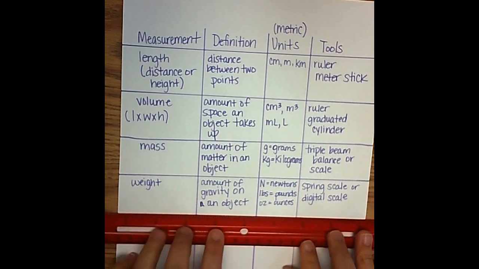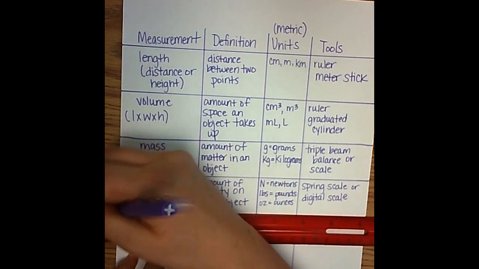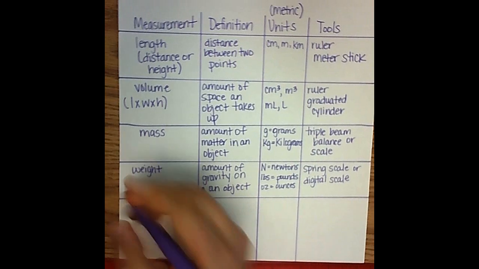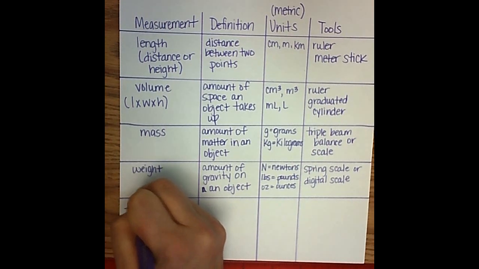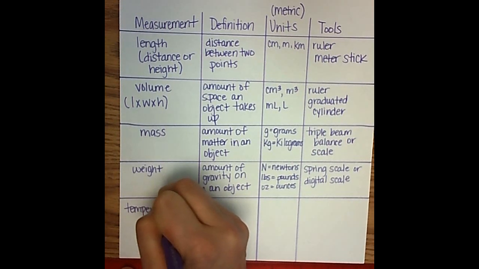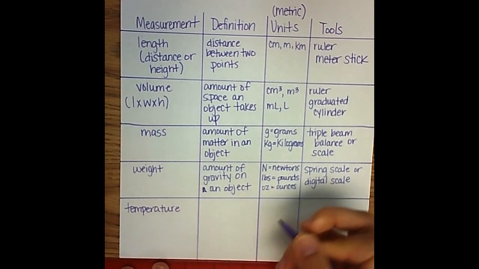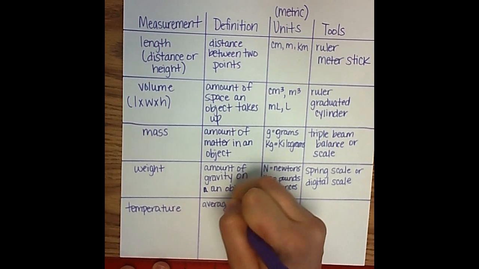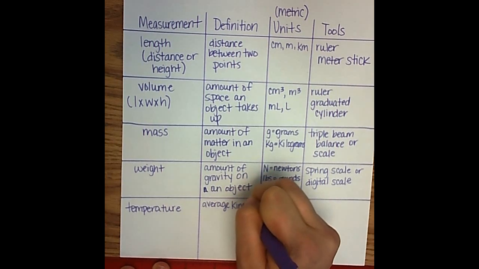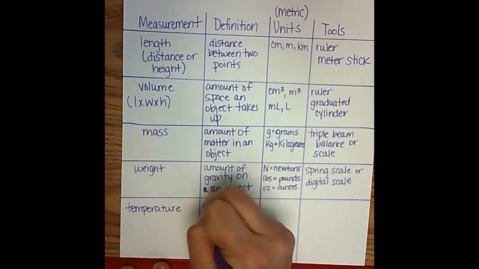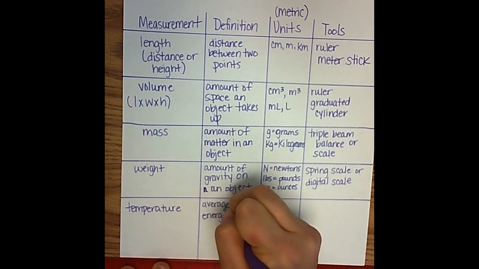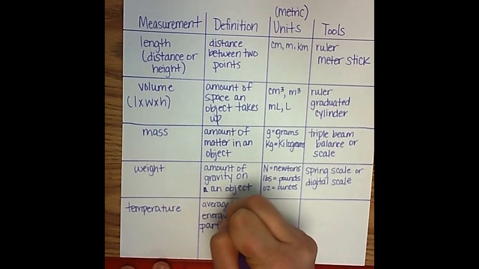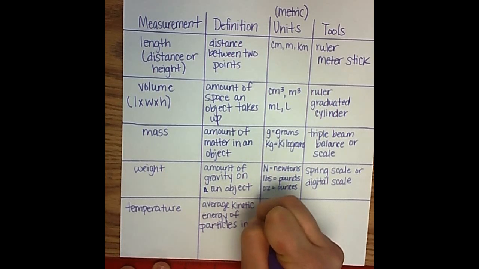Alright, and then the last type of measurement that we would use is temperature. Okay, so temperature, we want to see if something affects the temperature of something else. Alright, it is the average kinetic energy of particles in a substance.